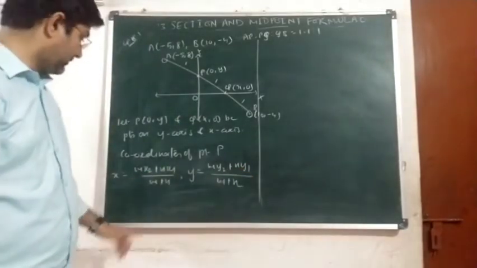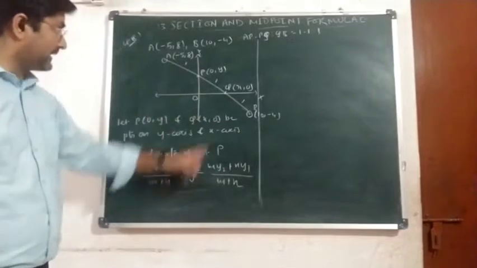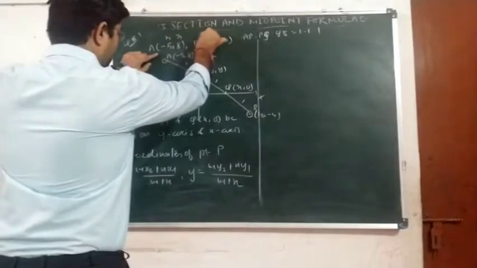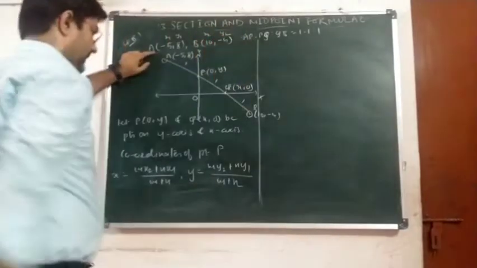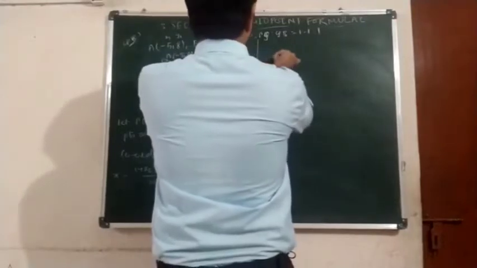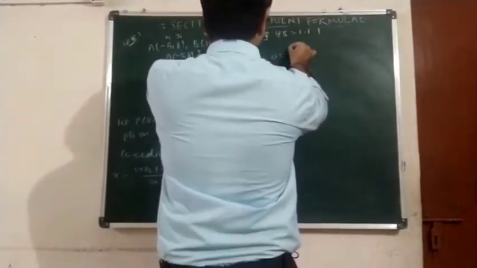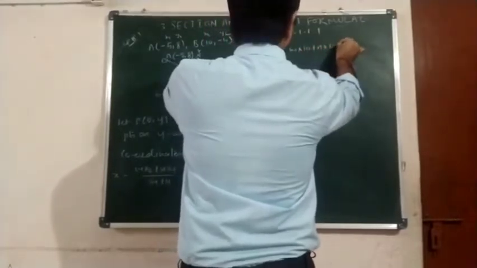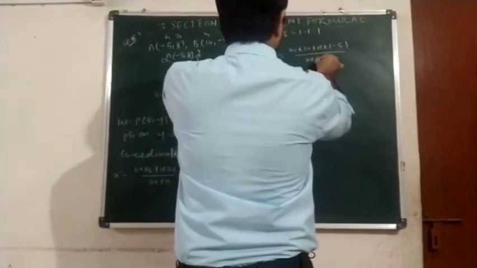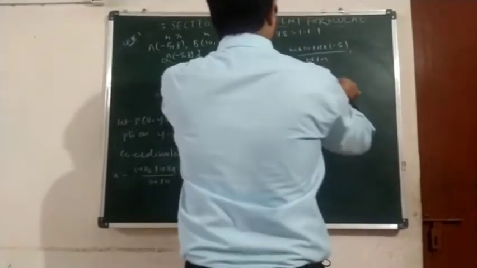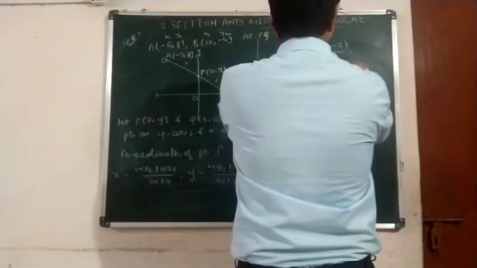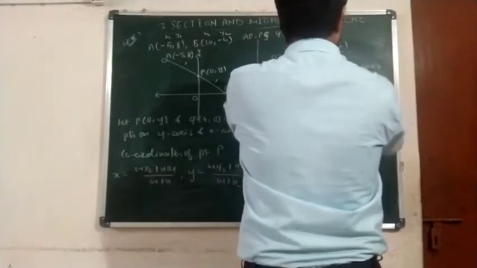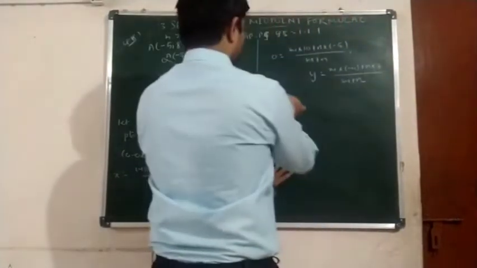Clear? Now put in the values. x is 0, y is y only, and the coordinates of A are x1, y1 and of B are x2, y2. Therefore 0 is equal to (m into 10 plus n into minus 5) upon (m plus n), and y is equal to (m into minus 4 plus n into 8) upon (m plus n).